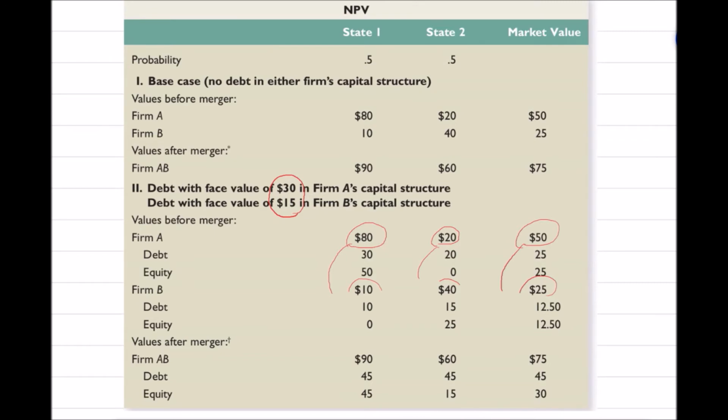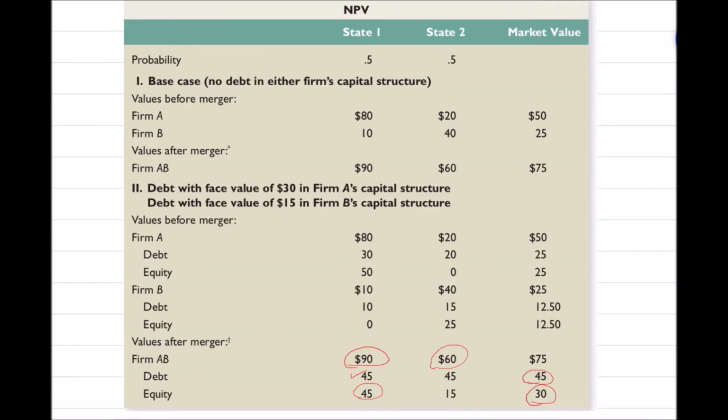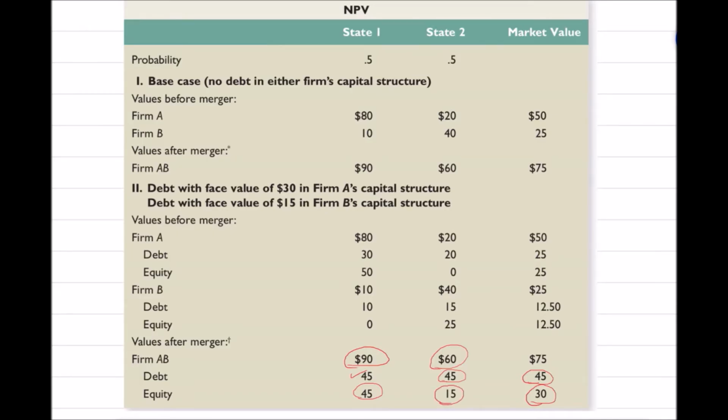So let's see from here. Debt holders have 45 or 30. So in this state the value of the firm is 90 and debt holders can get all of their money and the remaining goes to equity holders. Even if the value is 60, which is much lower, still debt holders can get their 45 and the remaining 15 will go to equity holders.